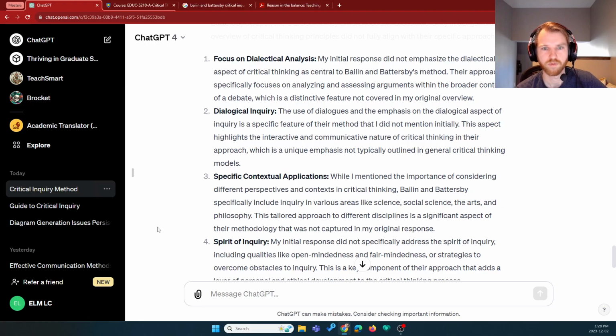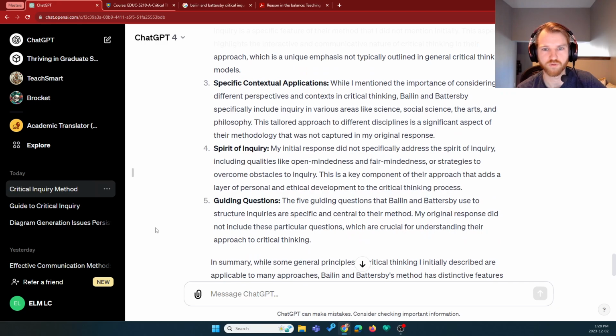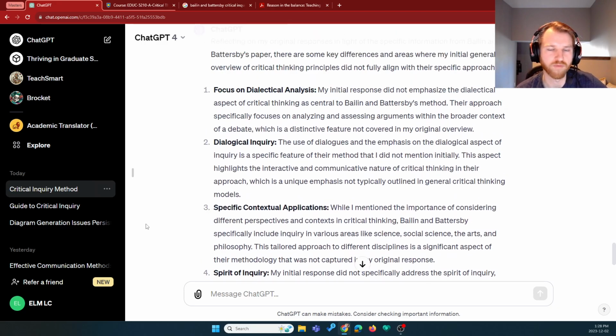So it's basically commenting on all 5 things that it put in its new response, and just saying that it didn't emphasize these things.